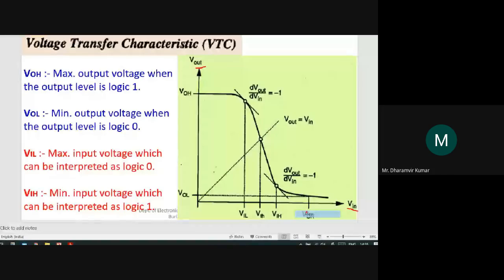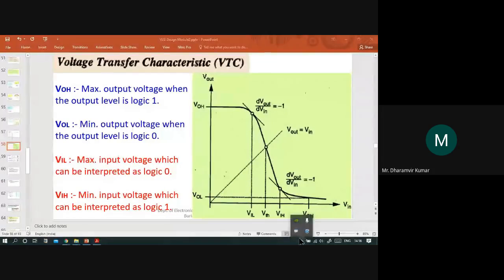If you remember the ideal VTC characteristic, now try to compare this realistic VTC with that ideal VTC.